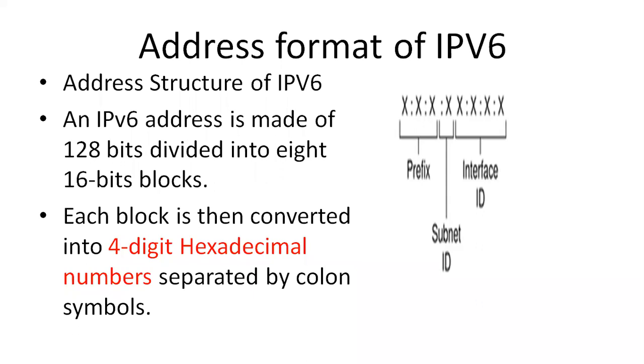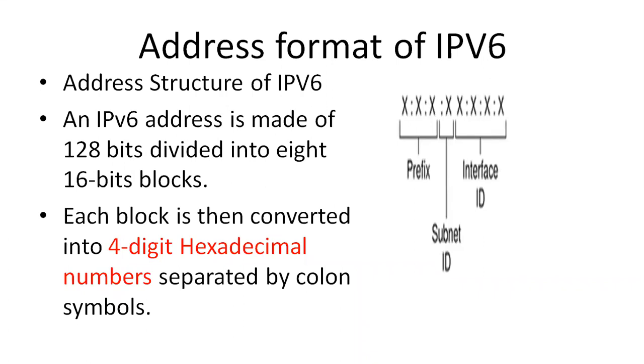These 128 bits are divided into 8 blocks of 16 bits. One block consists of 16 bits. Each block is then converted into a 4-digit hexadecimal number, for example 2020 is a 4-digit number. You will use a hexadecimal number.